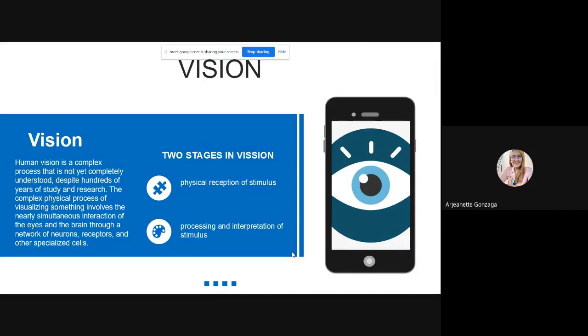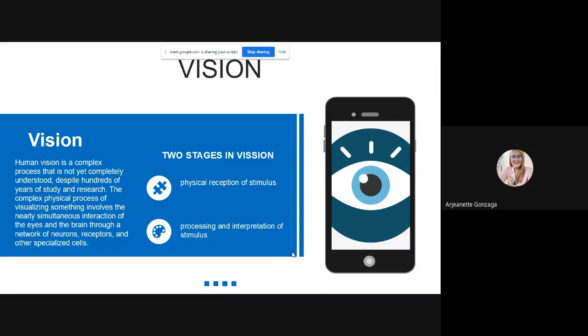The light reflects from objects, and images are focused upside down sa ating retina. The retina contains rods for low light vision, cones for color vision, and ganglion cells, which detect patterns in our movement.